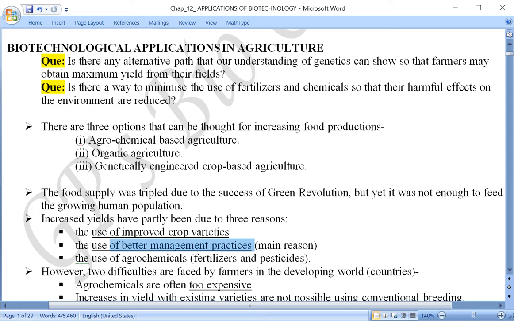Once again: first, improved crop varieties; second, better management practices; and third, agrochemicals, where fertilizers and pesticides were utilized for agriculture.